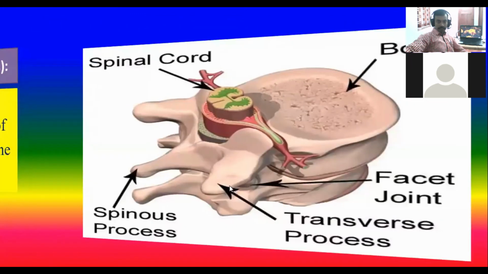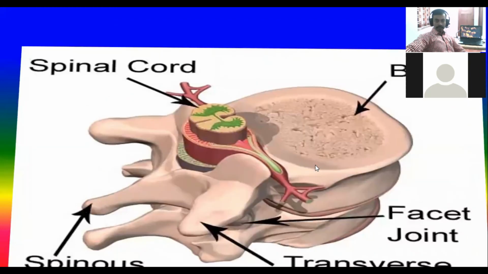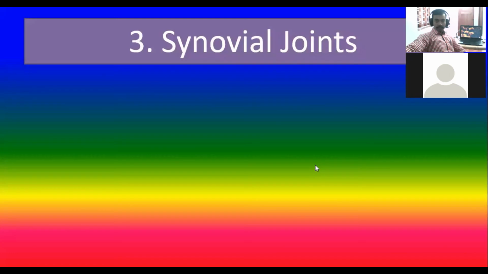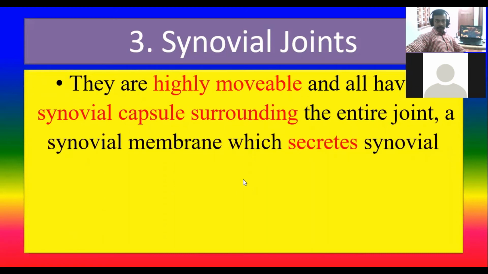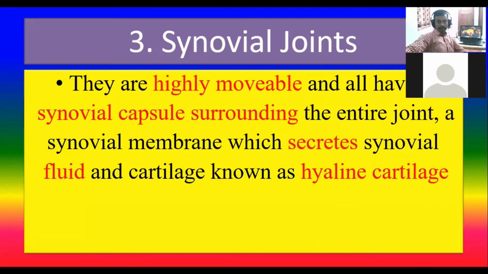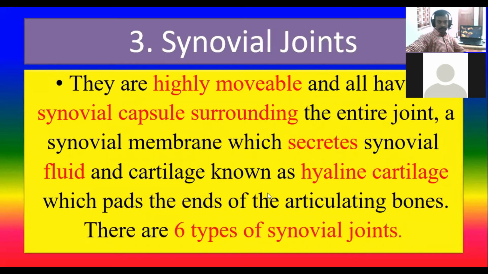Look at this, between two vertebrae of the spine there is cartilage. Then synovial joints, the third type: highly movable, with a synovial capsule surrounding and secreting fluid called synovial fluid. Hyaline cartilage is at the ends of the articulating bones, for example in knee joints.